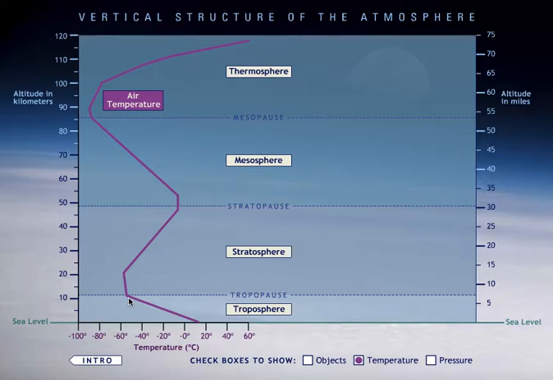And then you reach the tropopause, and all of a sudden that pattern changes and it starts to get warmer as you go up. That's right. This is sort of a fact that many students find very surprising, that in some layers of the atmosphere, it gets warmer as you go up, which is the opposite of what we would expect. So in the stratosphere, that temperature increases until, guess what?